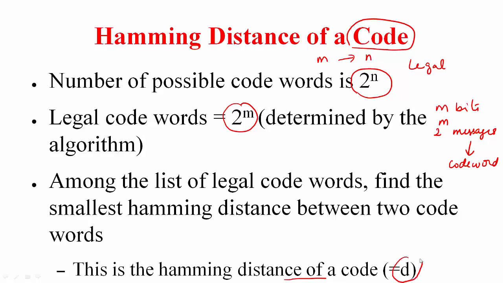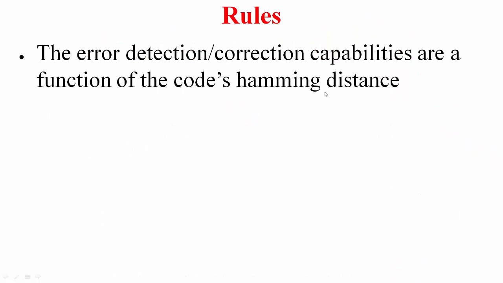That is what it means. So the error detection and correction capabilities are a function of the code's Hamming distance. Let me reiterate this once more. When a code has a Hamming distance of d, that means any two code words that are part of this code will differ by a distance of at least d.